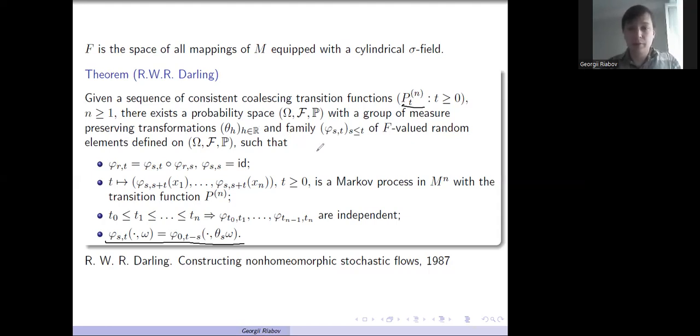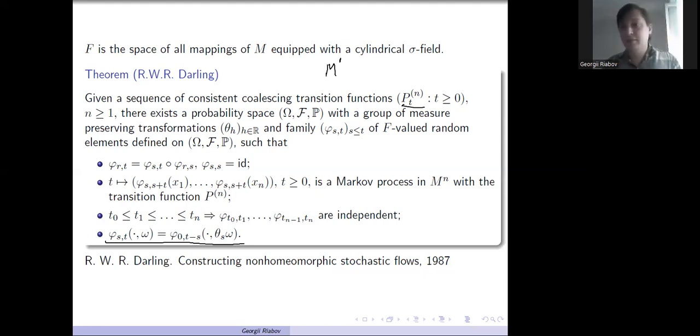However, if we look closer at this result, phi st is a random element in the space F, and F is the space of all mappings of M. So this is the product M to the power M. F is the space of all mappings of M equipped with a cylindrical sigma field.